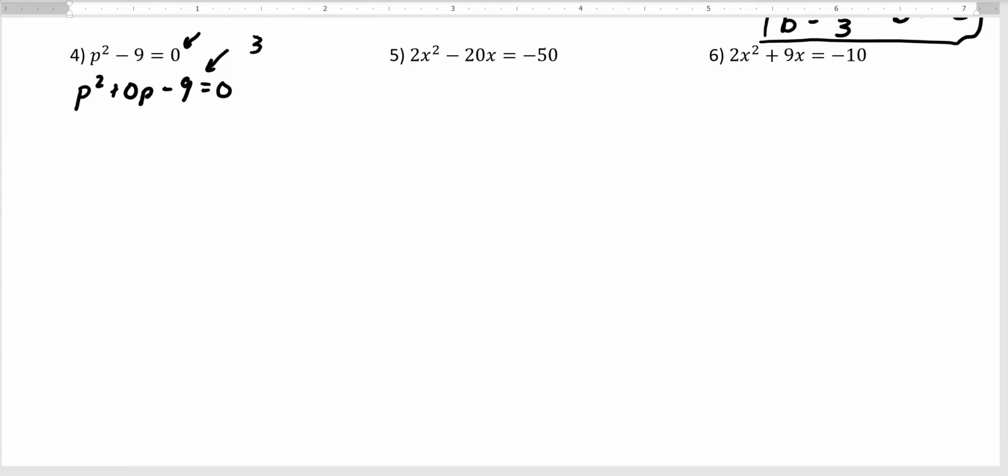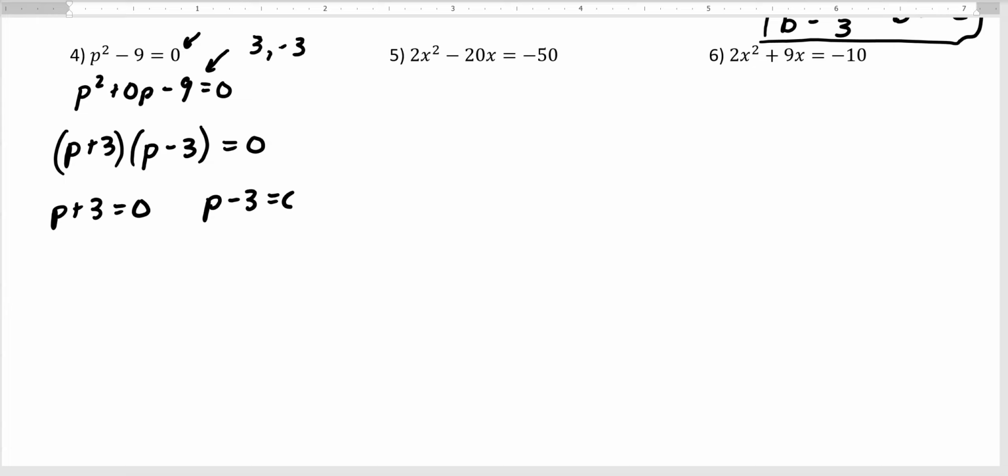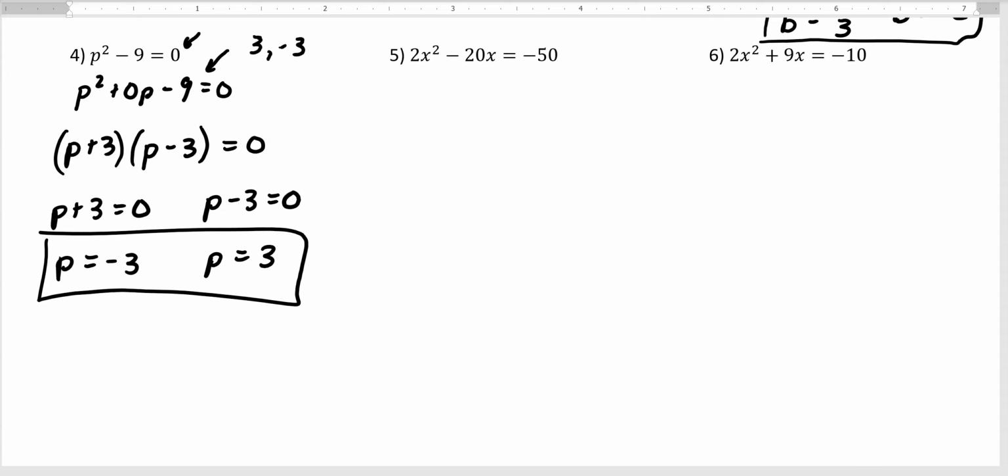Those numbers would be 3 and negative 3. So p plus 3 is one factor, p minus 3 is the other. That means p plus 3 equals 0, or p minus 3 equals 0, so p equals negative 3, or p equals positive 3. There we have it.